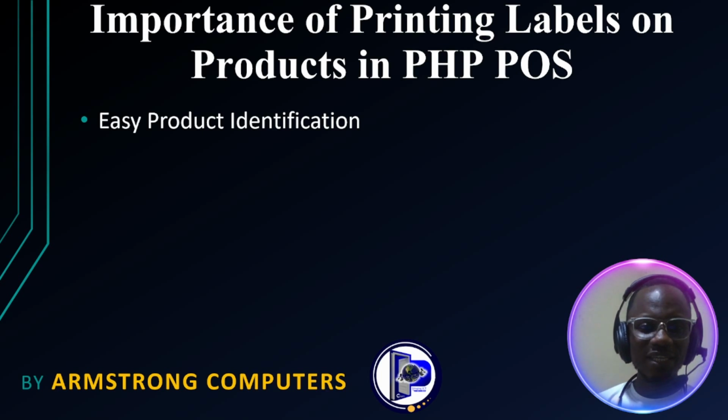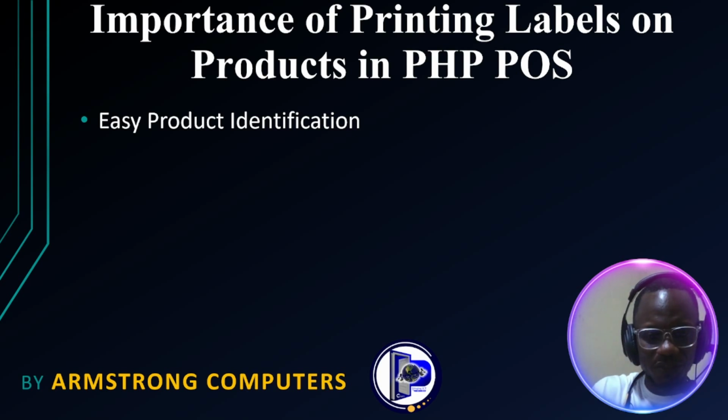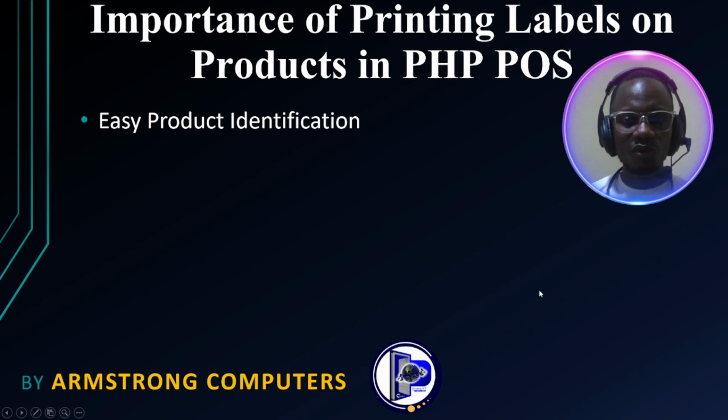First, easy product identification. That is one. Now, let me throw light on easy product identification. This simply means that you can have a product that does not have a barcode. In this country, for instance, most of us know that most grocery stores sell Gari, and Gari does not come with a barcode.